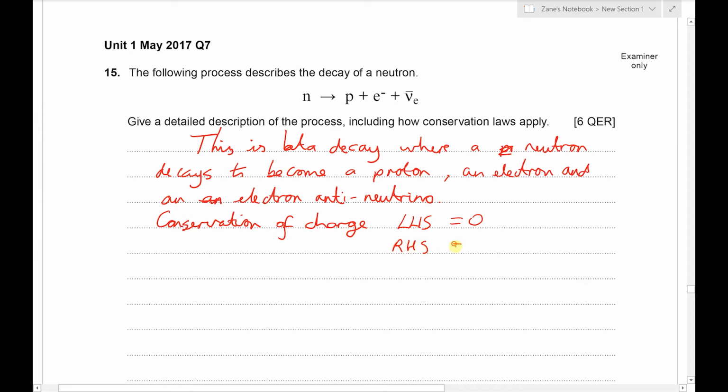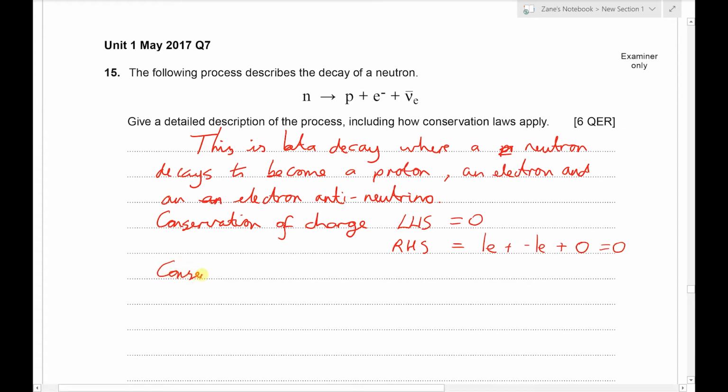On the right hand side of the equation we have a proton which has a charge of 1e, or 1 compared to the electron charge of 1.6 times 10 to the minus 19 coulombs. The electron has a charge of minus 1e, and the electron antineutrino is neutral. So we've got a total of 0 charge on the left and a total of 0 on the right.